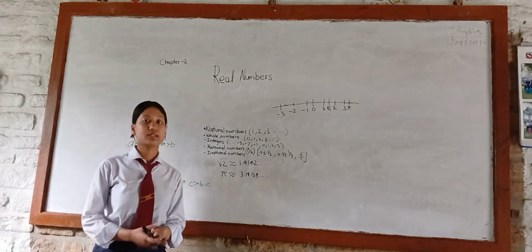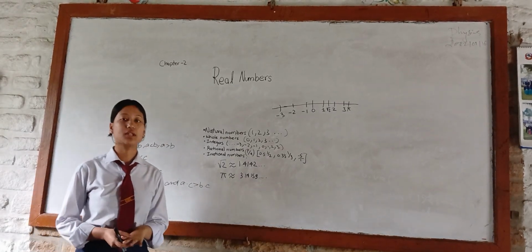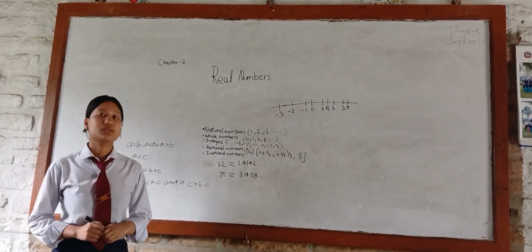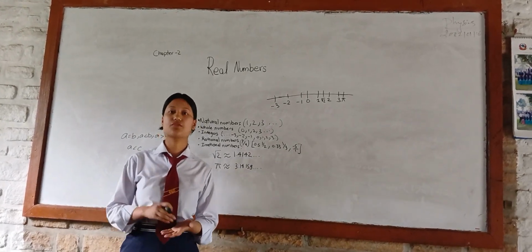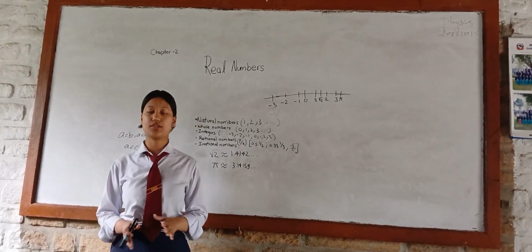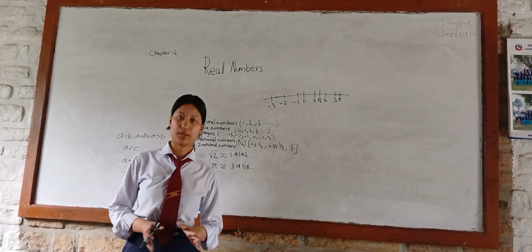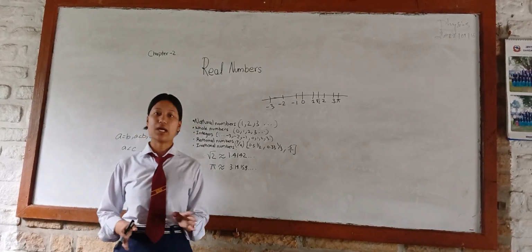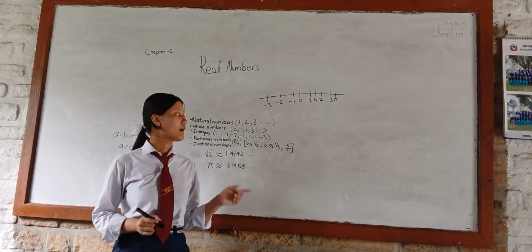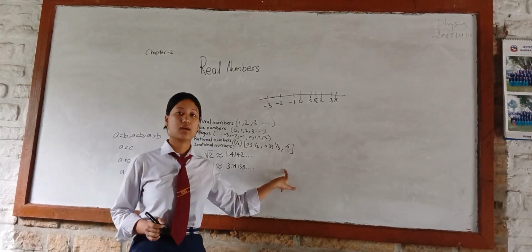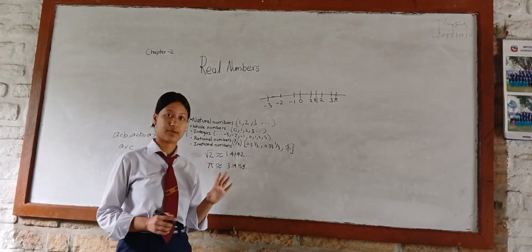Now the next topic is representation of real numbers in the real line. Every real number is a point on a straight line, and basically every point on a straight line represents a real number. As we know, the real numbers are the collection of rational and irrational numbers, and the real line is composed of rational and irrational numbers.